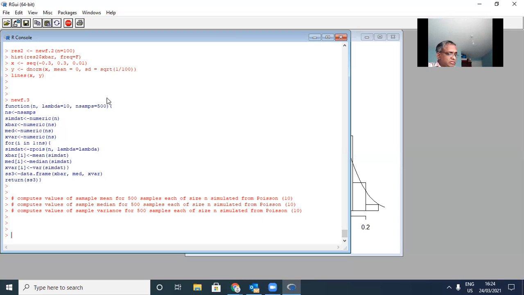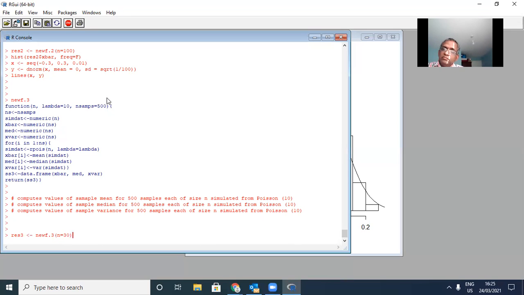Now let me illustrate this. I'm going to define res3 as mu f dot 3, with n say equal to 30, for example.